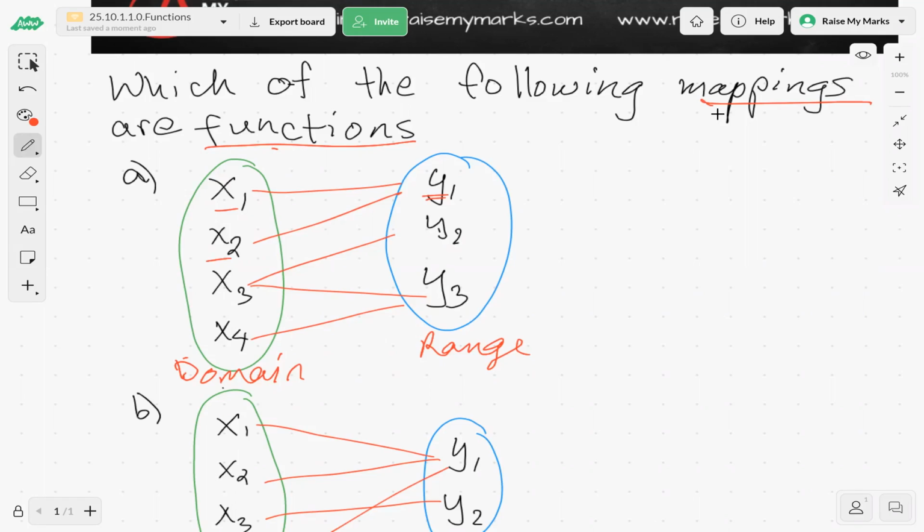Let's skip over x3. x4 also maps to a single value, y3. Now the value x3 maps to two distinct values, y2 and y3. Because this is the case, this mapping in part A is not a function.